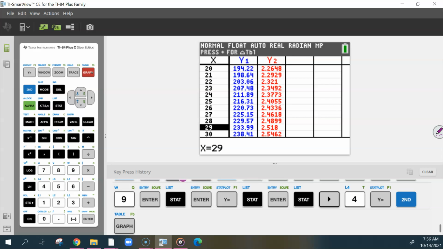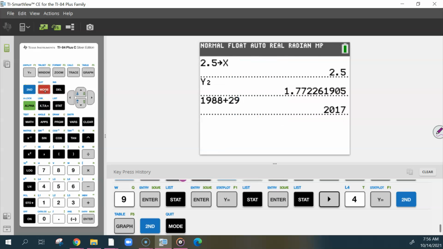But 29 isn't my actual answer. 29 tells me it's 29 years later from when it started. So I would need to add 29 to 1988 to figure out what actual year that is. So ignore this part because I originally did that wrong.